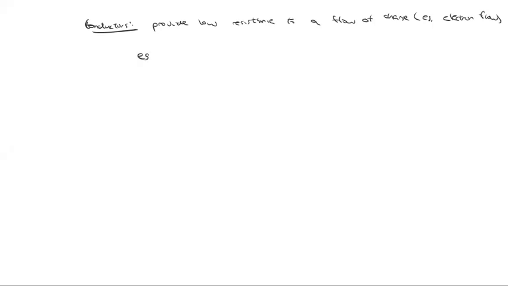Now, conductors therefore provide low resistance to a flow of charge. One example of that is electrons can flow. We will need to briefly talk about this, but I'm sure you guys know. For example, metals. Why are metals conductors? Alicia, can you tell me? The delocalized electrons.